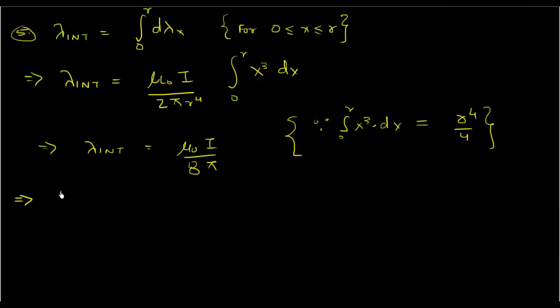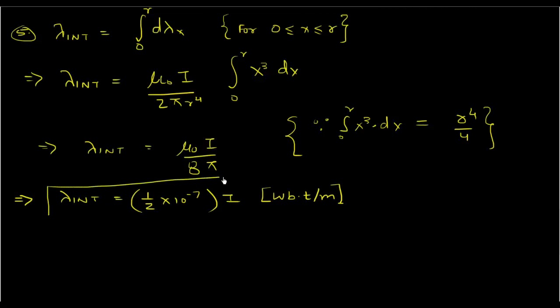What this means is your flux internal to the conductor is nothing but 1 by 2 times 10 to the power minus 7, and I'll show you why that is, times I, the units are Weber turn per meter. Remember, we are doing this for 1 meter length, so therefore this is per meter.